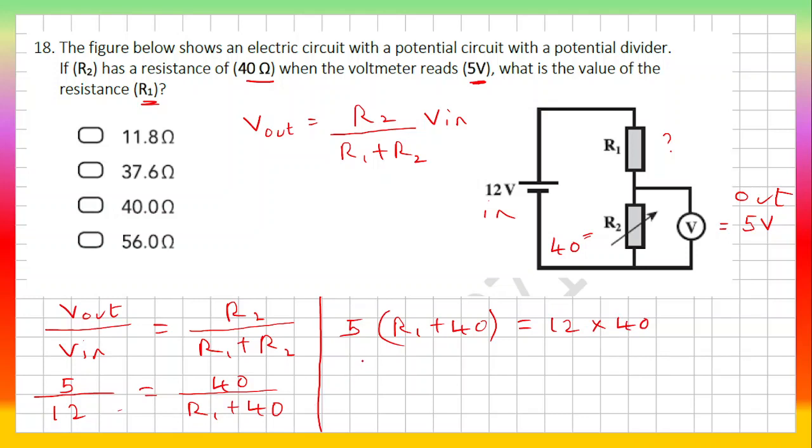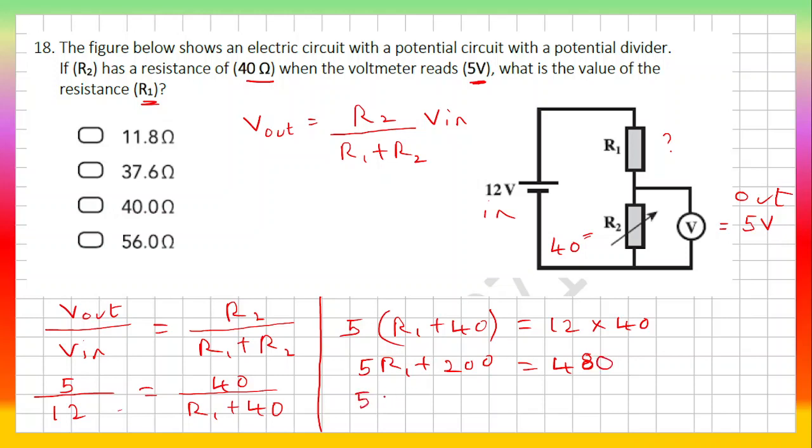If you open these brackets, what do you end up with? We will have 5R1 plus, so 5 by 40 you get 200 is equal to 12 times 40. What do you get? 12 multiplied by 40, you end up with 480.